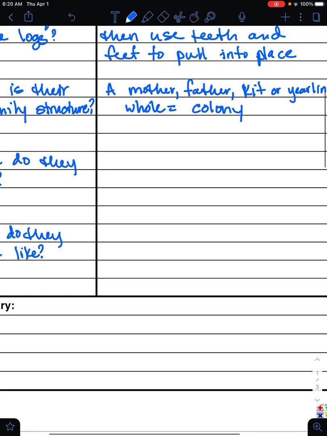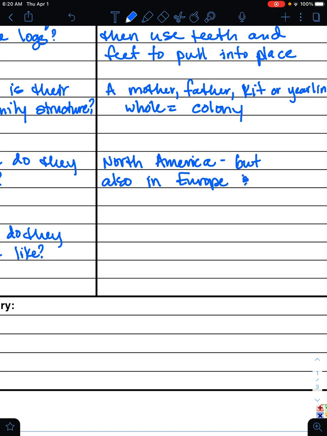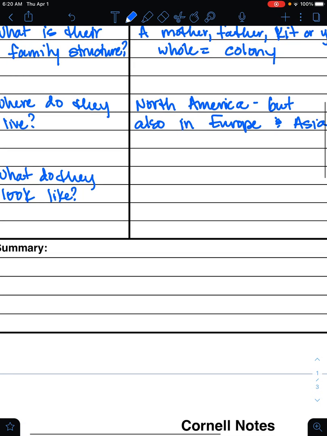Then where do they live? If I look back in the article, I see that they live in North America, but also Europe and Asia. What do they look like? Brown fur.